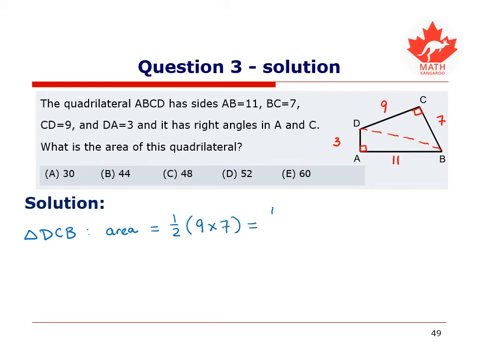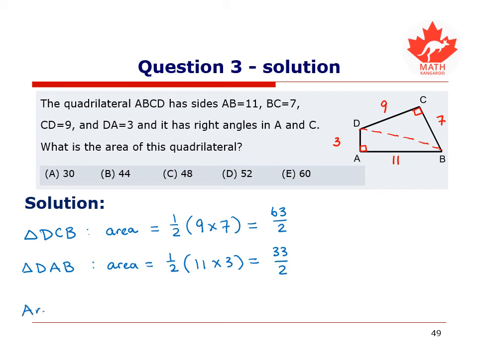So that gives us 63/2. The other triangle is triangle DAB, and its area is 1/2 its base, which is 11, times its height, which is 3. So that's 33/2.